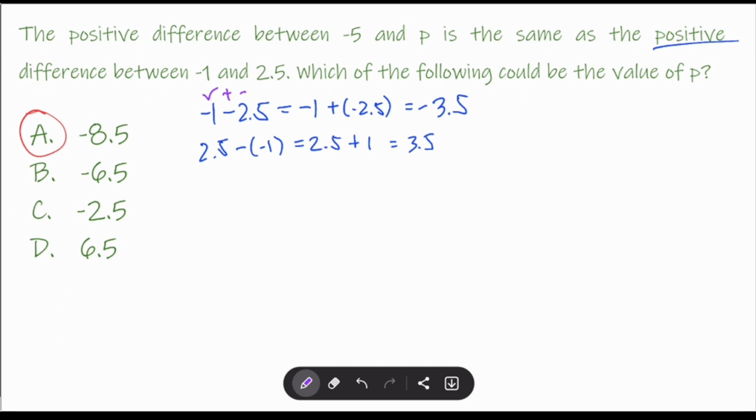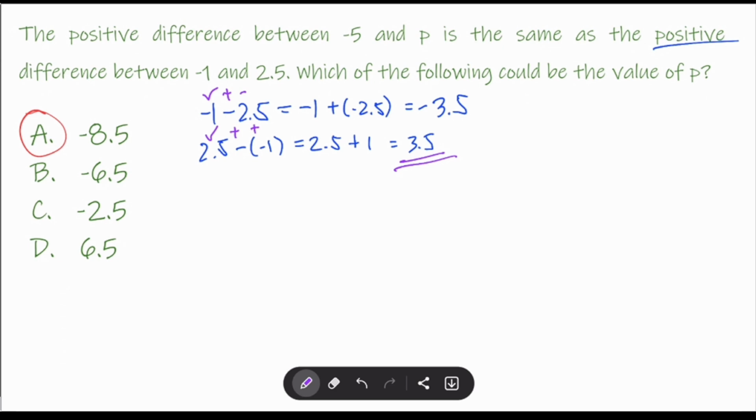Also, for the second one, copy it, change the operation to plus, and change the sign of the next one to its opposite, which is positive. So it becomes -1 plus -2.5 and 2.5 plus 1. Now the results are -3.5 and 3.5. But it's considering only the positive, so we're only taking the 3.5.